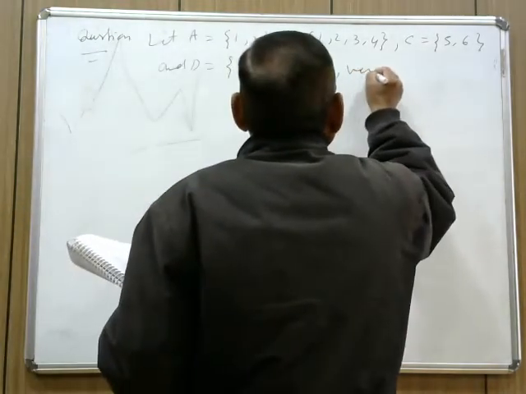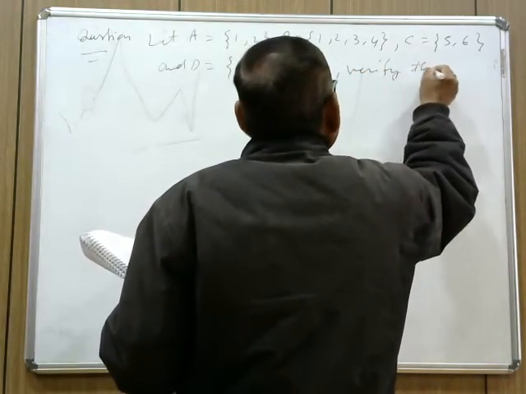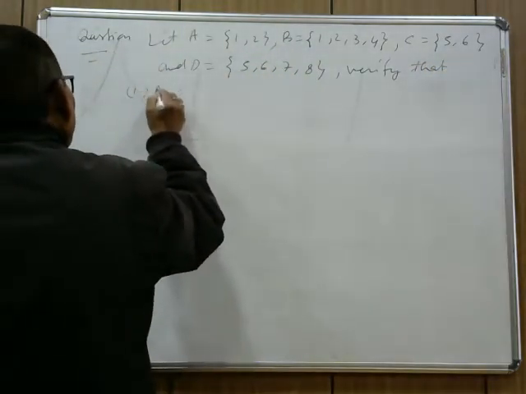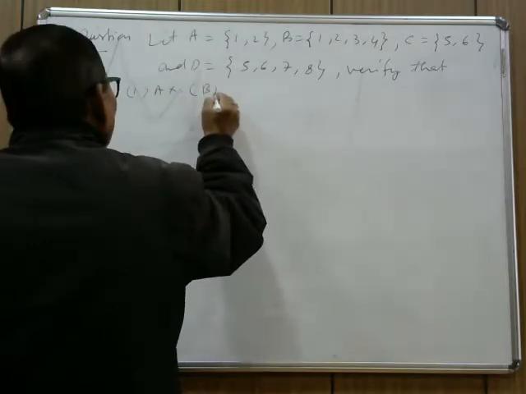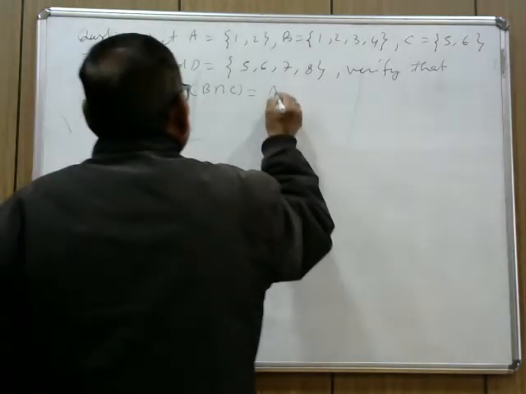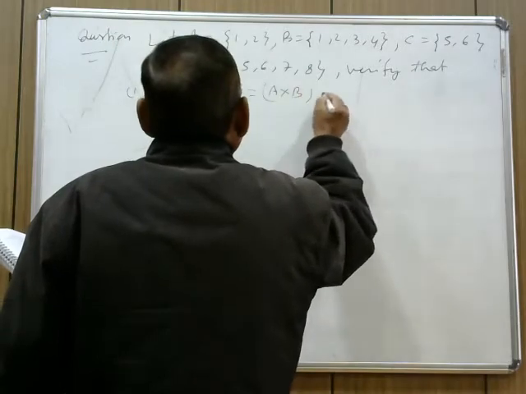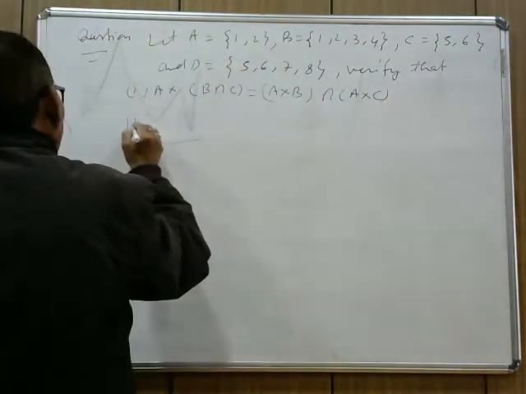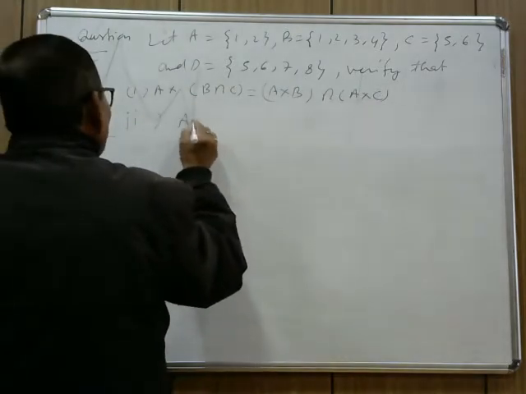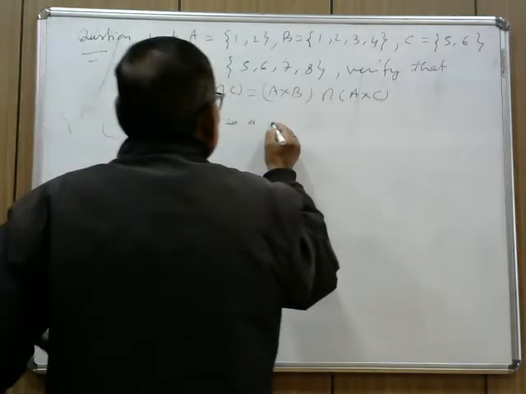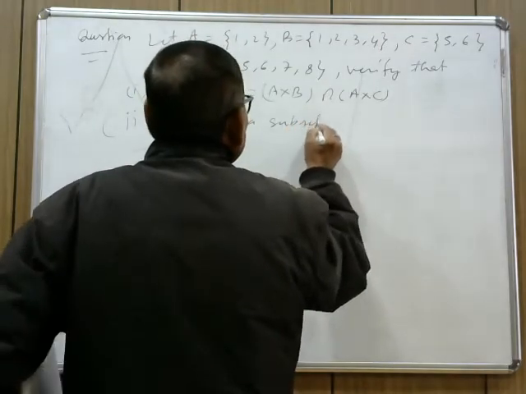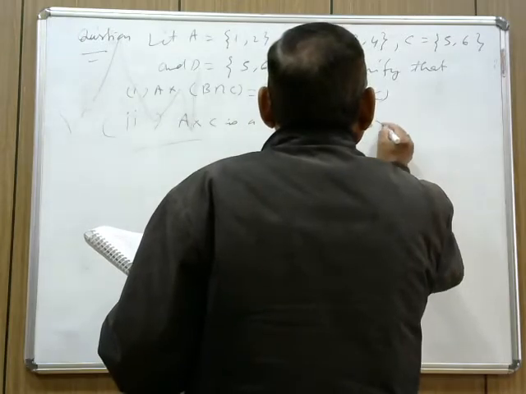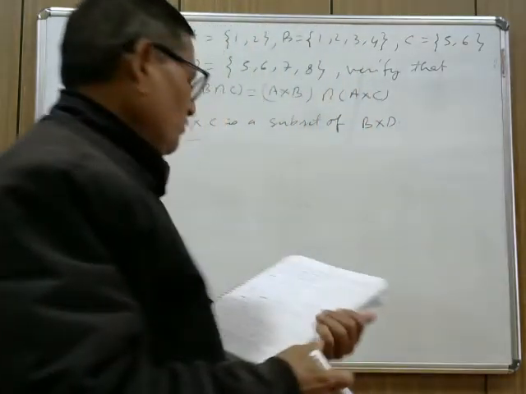Verify that, first, A cross (B intersection C) equals (A cross B) intersection (A cross C). Second, A cross C is a subset of B cross D. There are two questions in this.